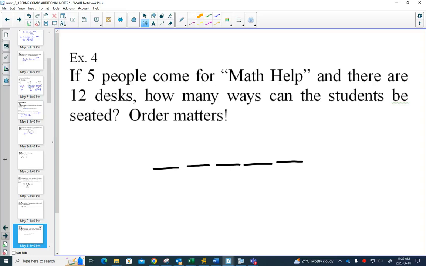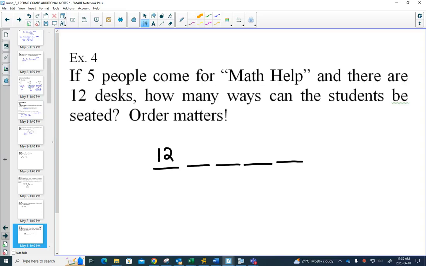So student number 1 comes in. How many choices do they have? 12. Okay? Student number 2 comes in. How many choices do they have? Okay, we are going to assume, because it's very awkward in math help, if there's one person in here and you come in and decide to sit on their lap, it's never gone well. It's like, what are you doing?